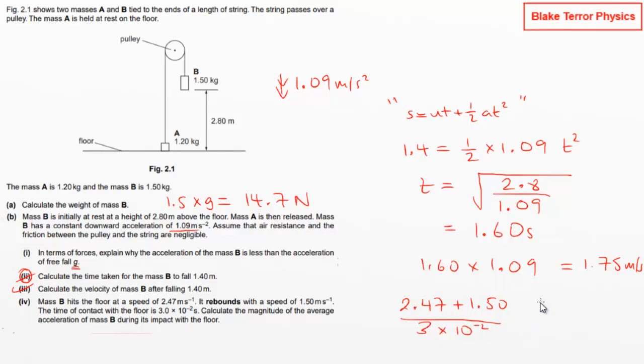So that is going to be 3.97 multiplied by 10 to the 2. So 397 over 3 is what we've got here. 397 divided by 3, 132 meters per second squared. So, yeah, all good on that one.